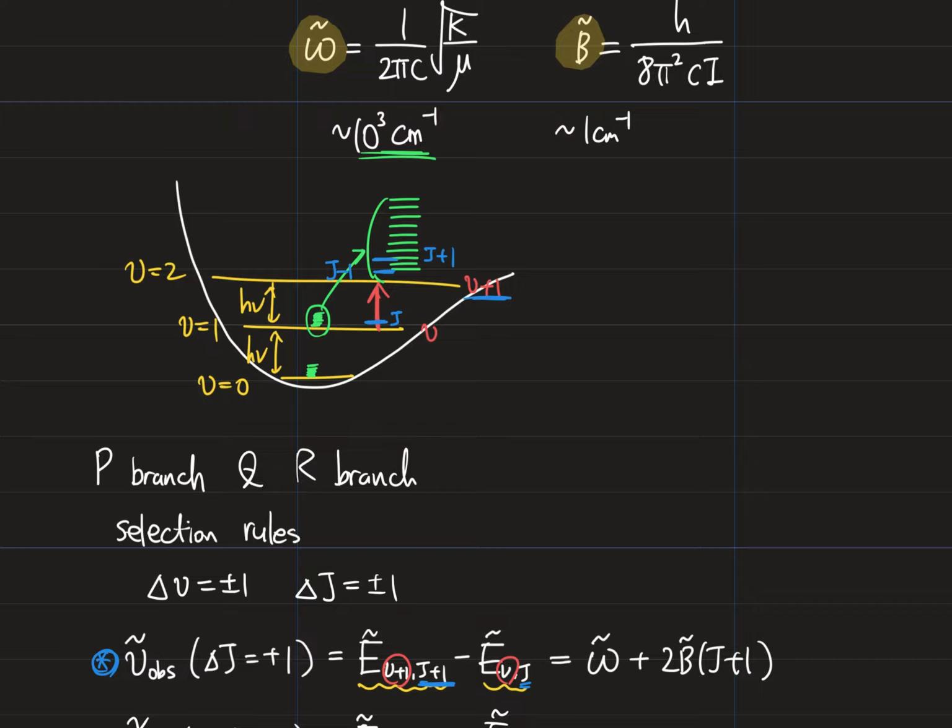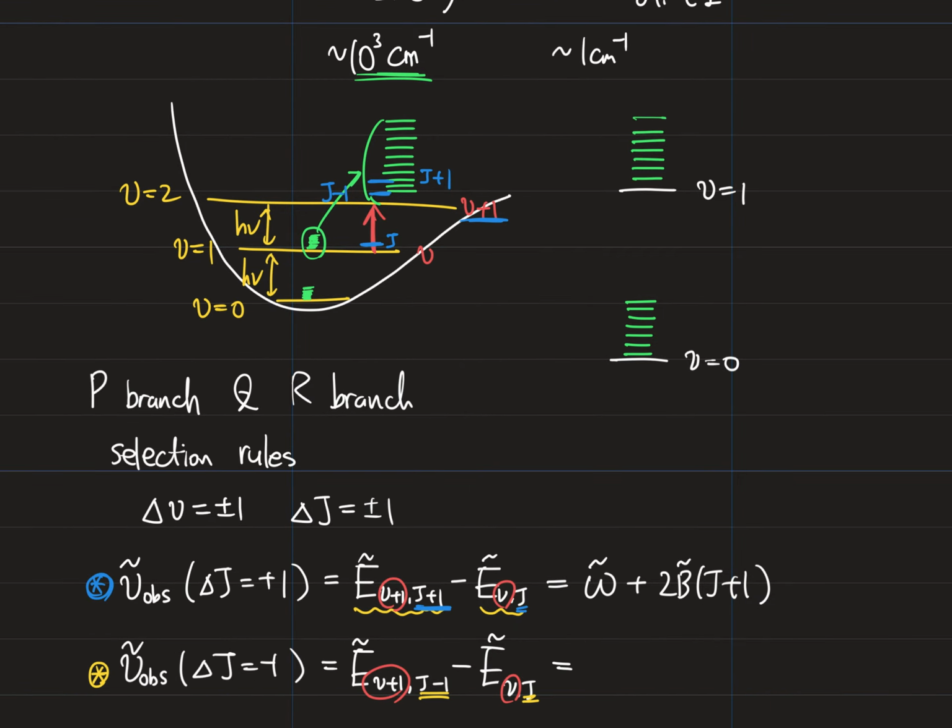So let's redraw the figure. Let's say v equals 0, v equals 1, and there is a small-spacing rotation energy level here. The first set of transitions describes J here, maybe J equal to 1, going to a much higher J from here to here.